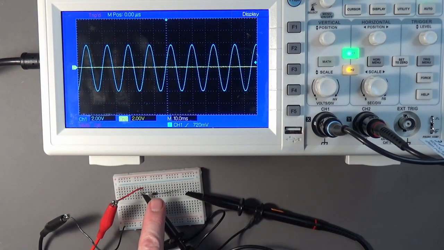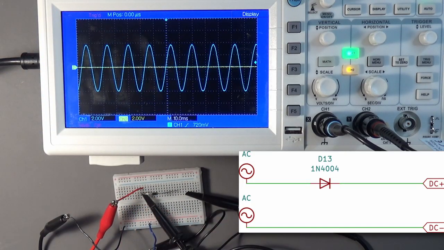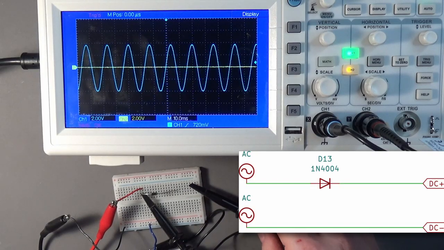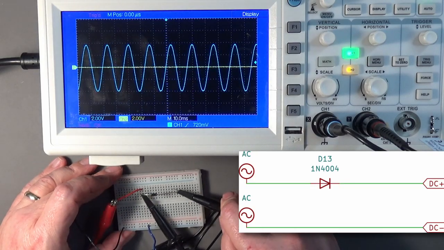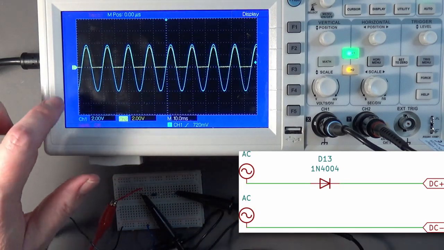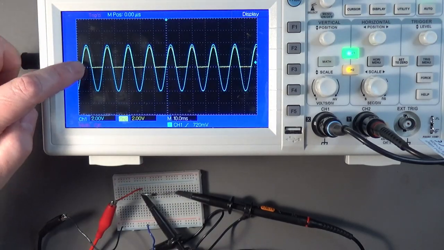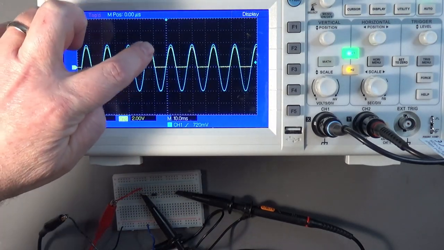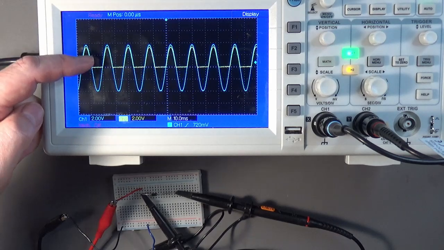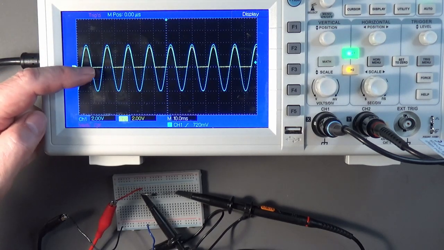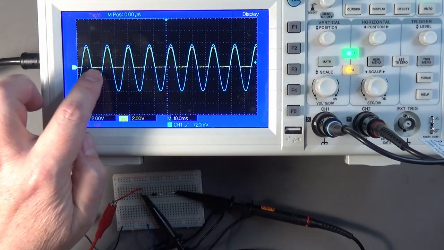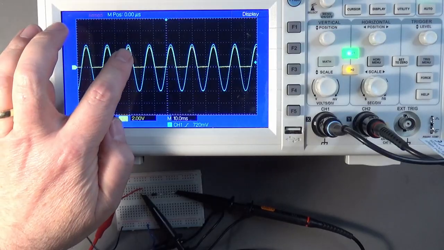Now, I've got a diode here, and I've got my other oscilloscope probe, and if I connect that up, like so, you can see now that our second channel is DC. It goes up, comes down, but when it gets to 0 volts, it stops, and then there's nothing, and then it goes up. So this is a DC signal now.